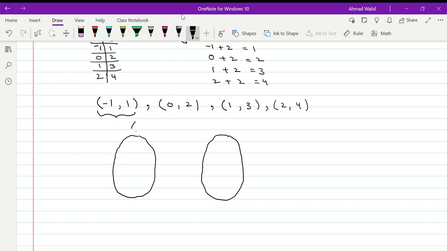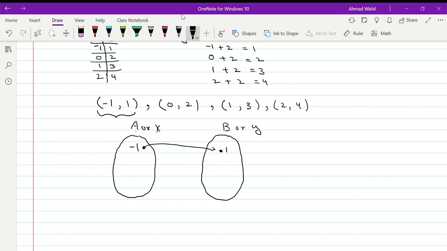Let's name this one set A or X or whatever, correct? Call this one set B or Y. When X is -1, it's an element for set A. And in set B, Y becomes 1.